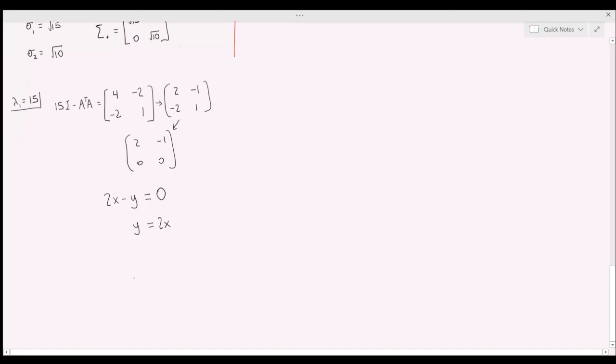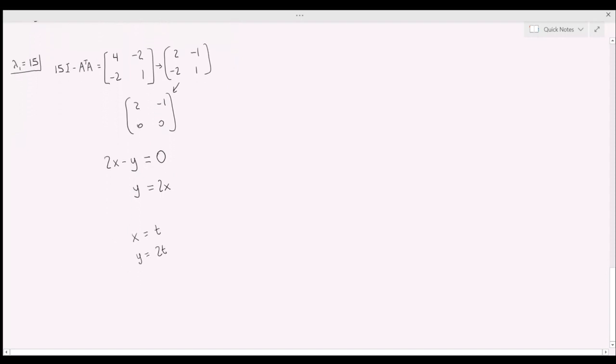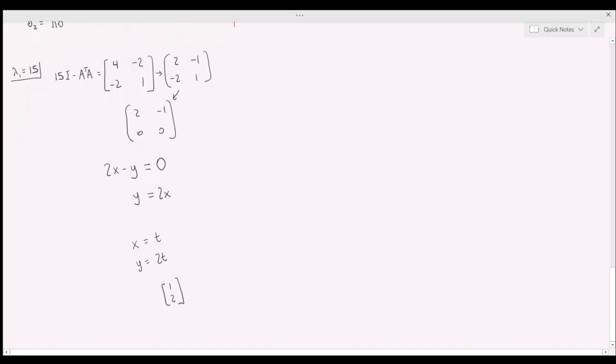So if I choose x, the free variable this time, then we'd have y is 2t. And from that, if I factor the t out from everything, I'll get the vector 1, 2. So this would be 1 eigenvector corresponding to the eigenvalue of 15 that we found, okay?